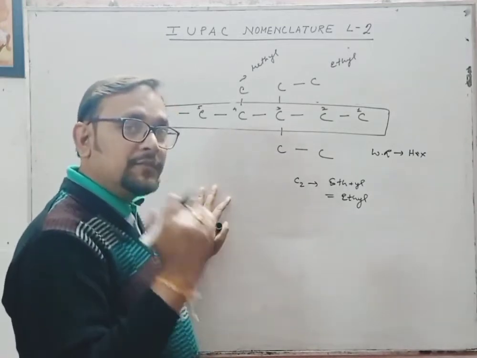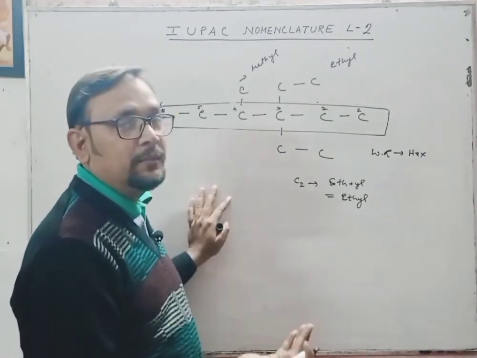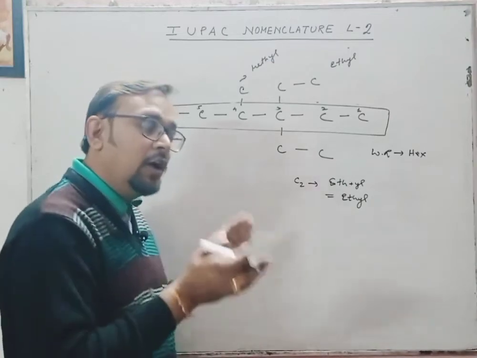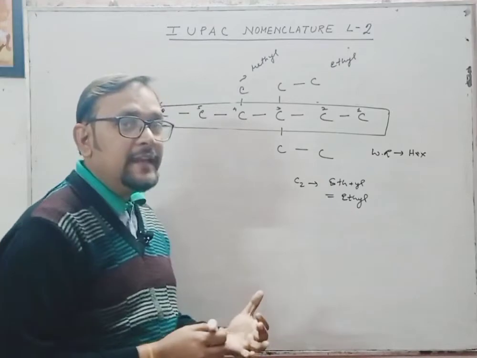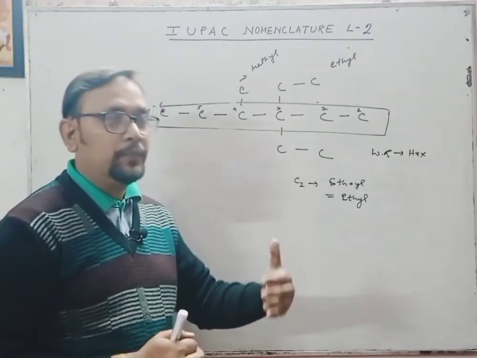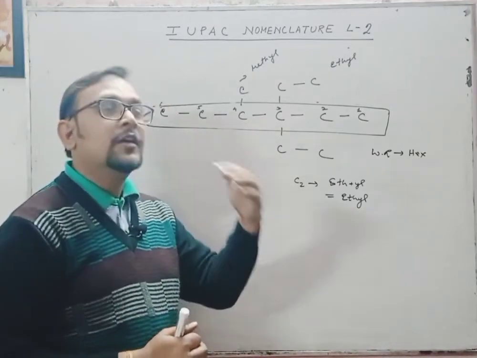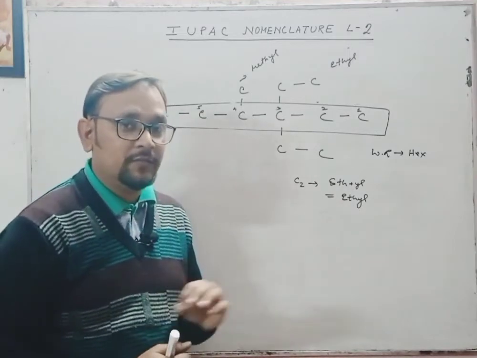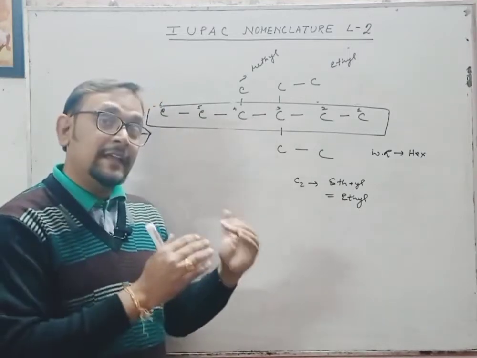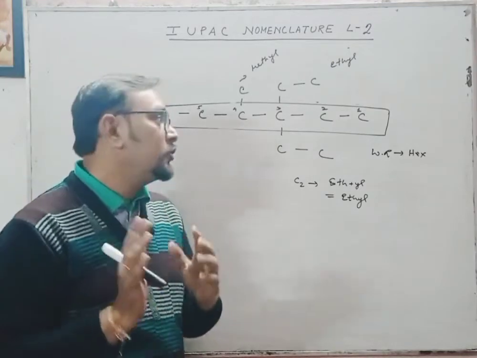So when some substituent is repeating itself, what shall we do? We will also repeat the locants while writing the name, and we will use prefixes such as di, tri, tetra. Already in the first lecture I have taught you.